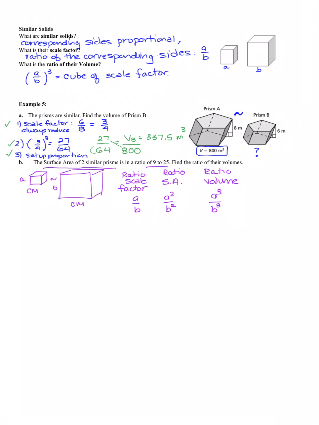So what you're going to have to do, they gave us the ratio of the surface area, and they said it was 9:25. So what we first have to do is go back to what is the scale factor. So always find the 1-dimensional scale factor first, like you would in any problem.